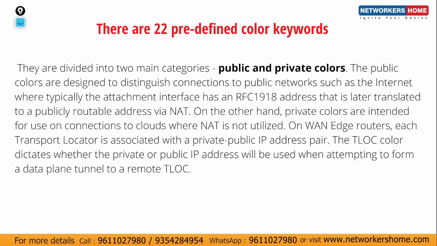There are 22 predefined color keywords, and these are basically categorized into two categories: public and private colors. What is the significance of public colors? Generally, these are going to be connecting to the internet, or LTE, or whatever type of internet connectivity you have. It could be leased line, it could be DSL.